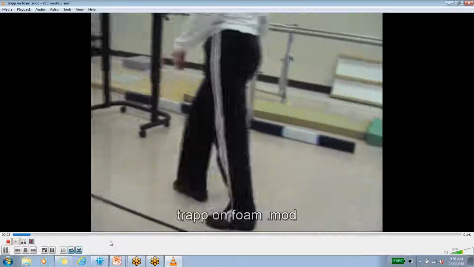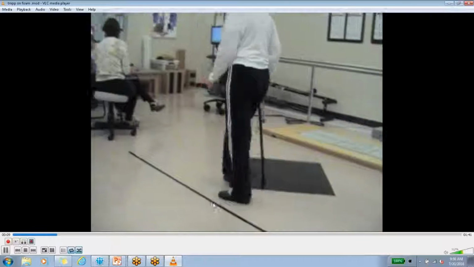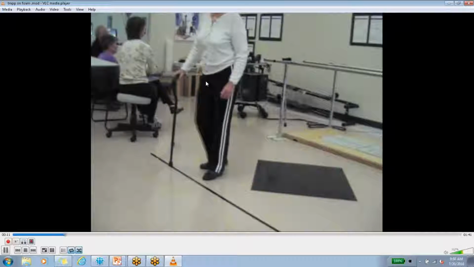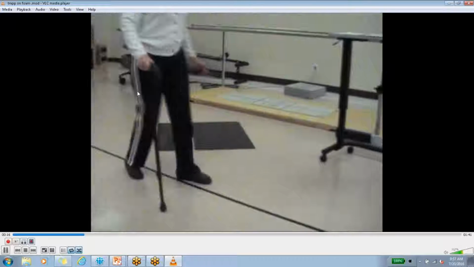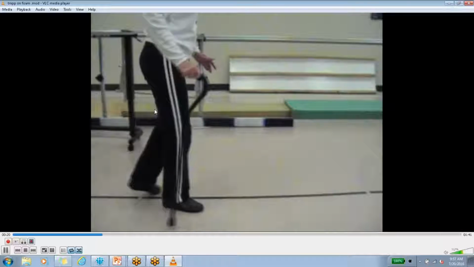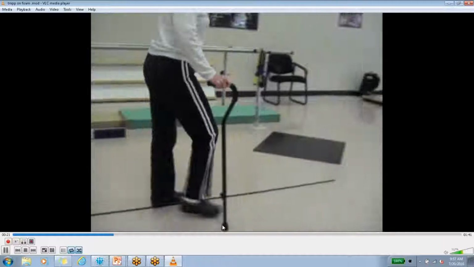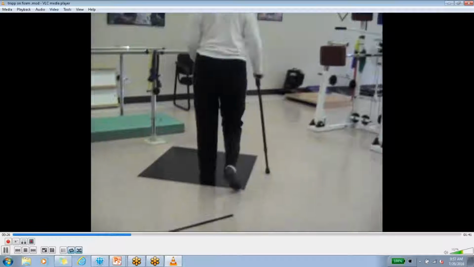Maybe. This is a perfect example of what happens when people with central nervous system disorders are allowed to develop compensatory movement patterns, which we refer to as learned non-use. So this woman learns to walk on linoleum because our job as therapists is to get her as independent as possible, as quickly as possible, right?